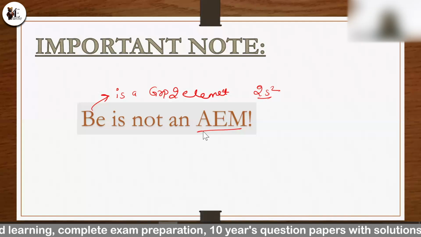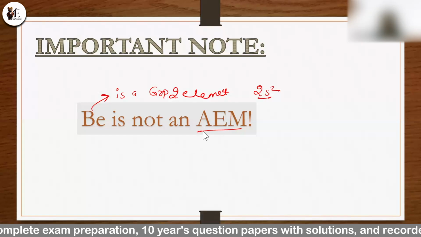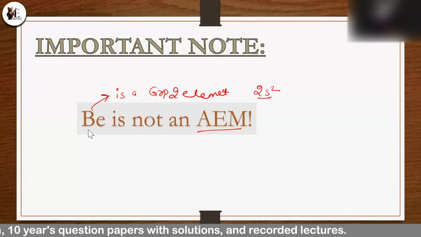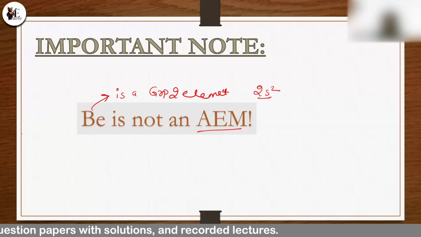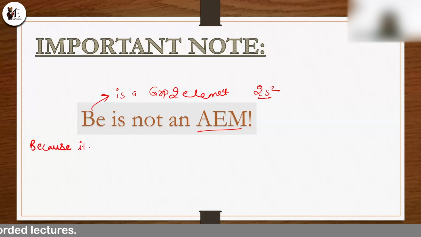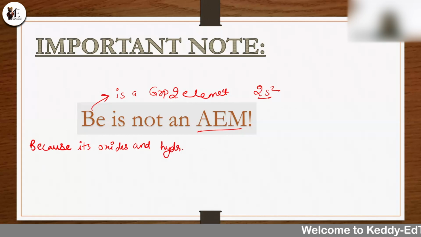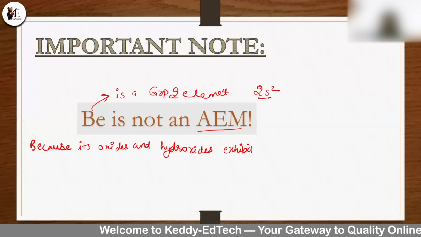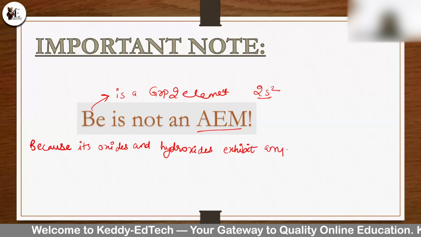First of all, write down this point. Why is beryllium not an alkaline earth metal? This question comes up in your exam. I'm writing down the answers here. Because its oxides and hydroxides exhibit amphoteric behavior.